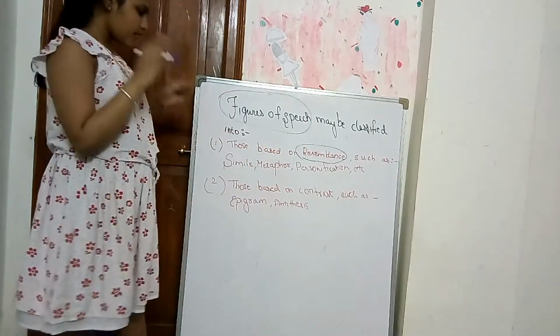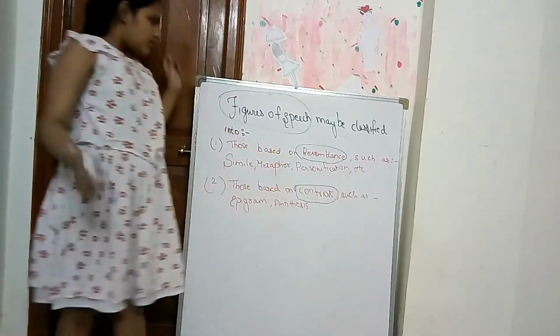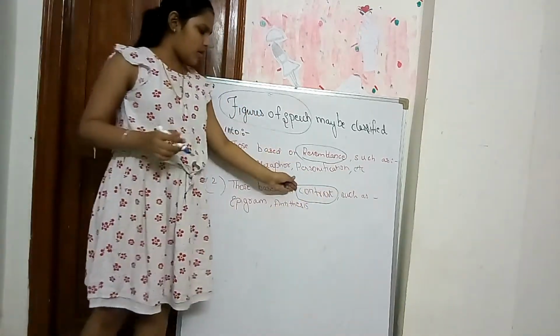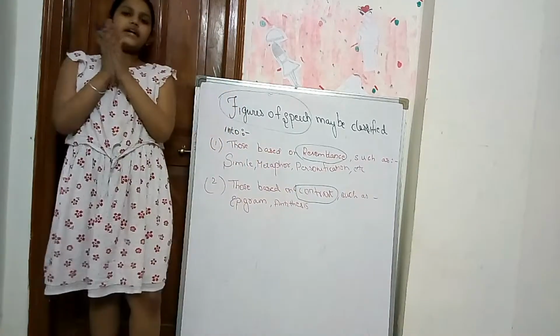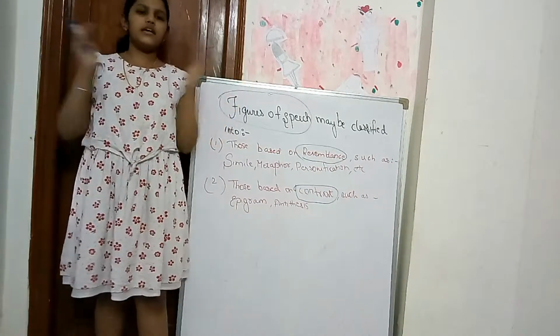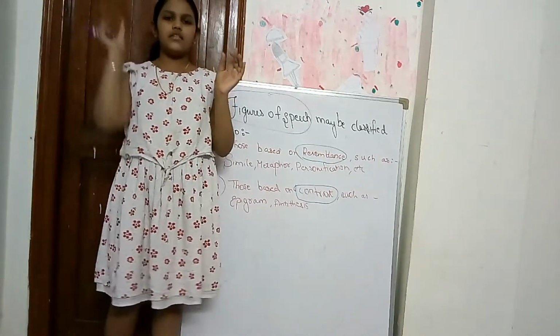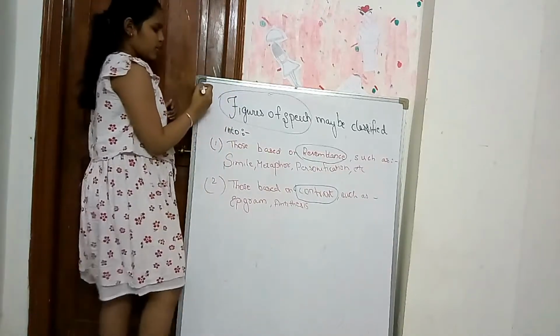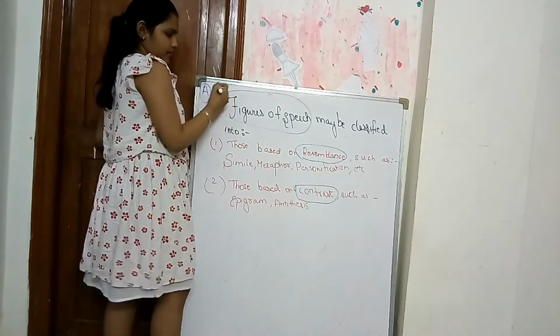So now we are going to talk about the figures of speech based on contrast. The contrast means how it is contrasted with the other words. Suppose A is the first word and B is the second word.